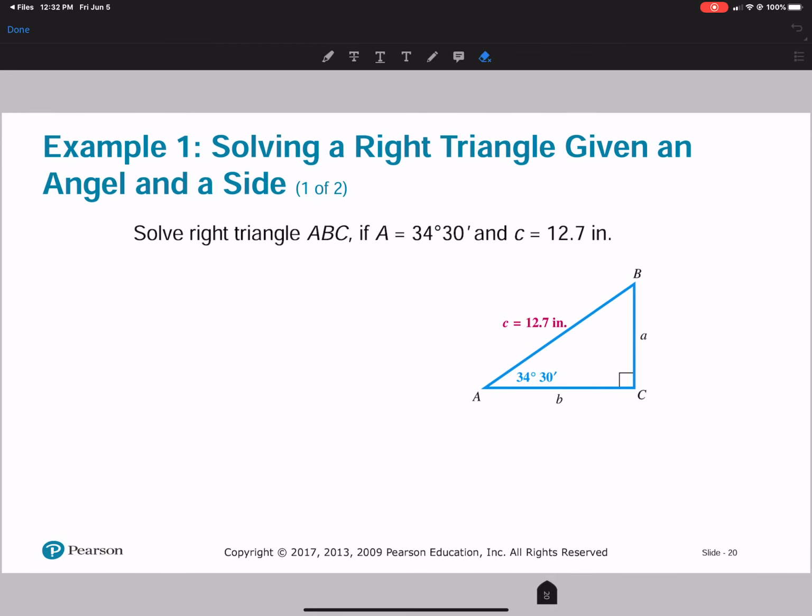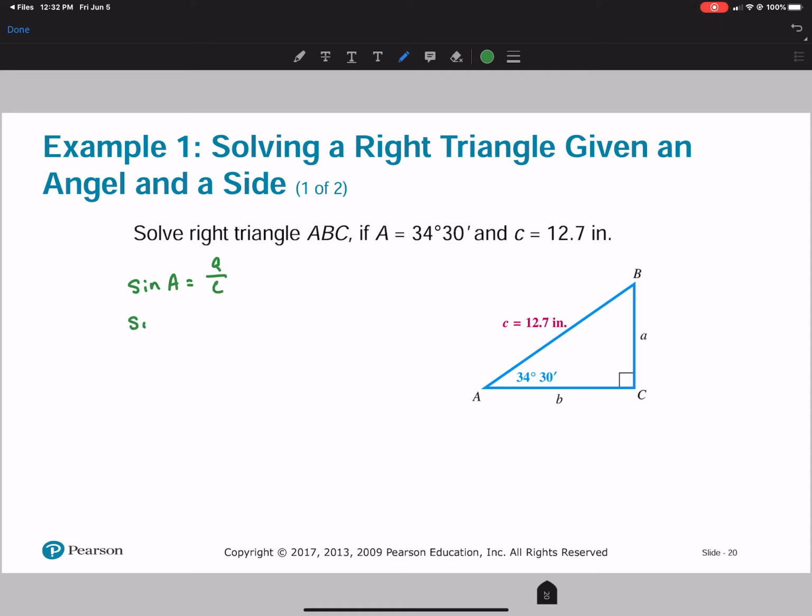Now, let's say we solve this. They gave us A equal to 34 degrees 30 minutes, and c equal to 12.7. Now we can find the other angles or sides. The sine of A is equal to a over c.